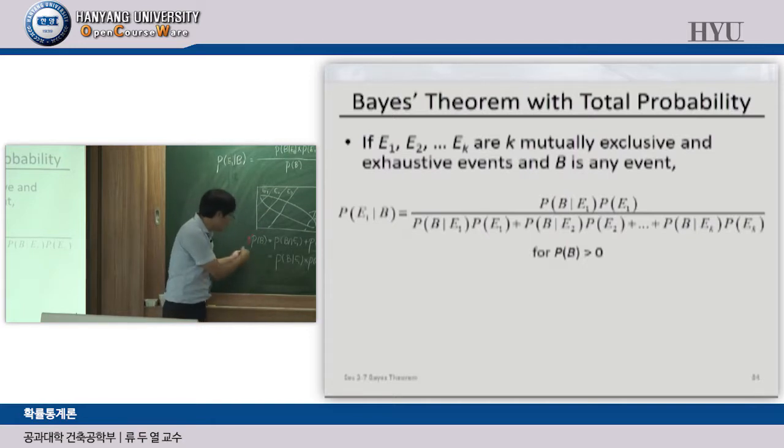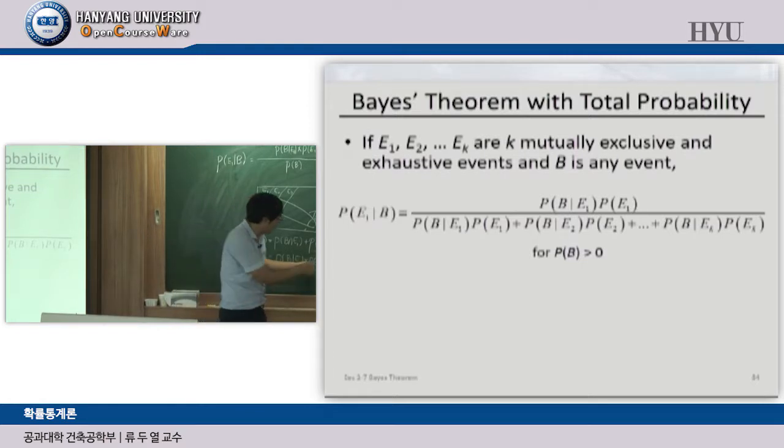So the probability of B equals the conditional probability of B given E1 multiplied by the probability of E1, and so on, up to the conditional probability of B given EK multiplied by the probability of EK, right?